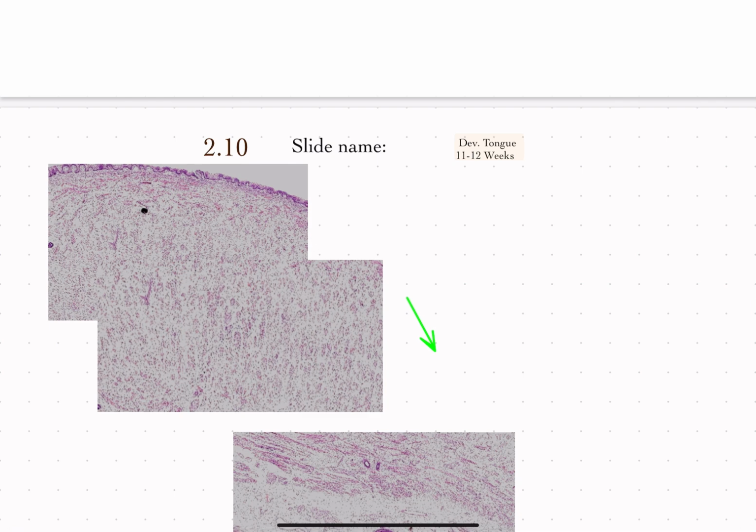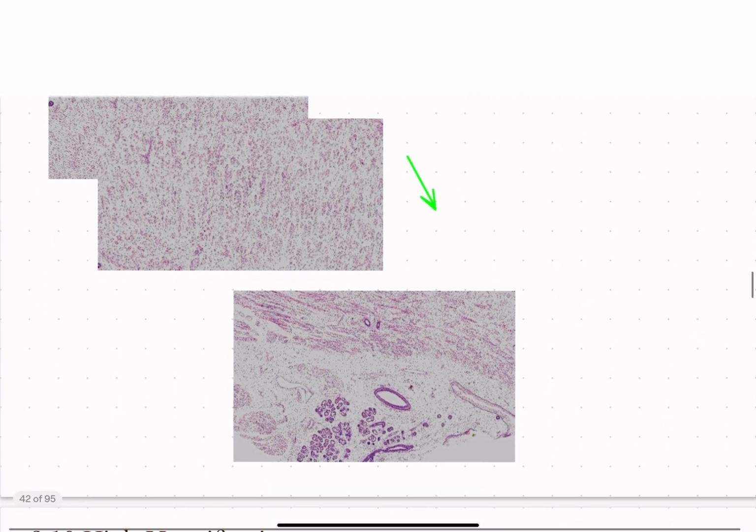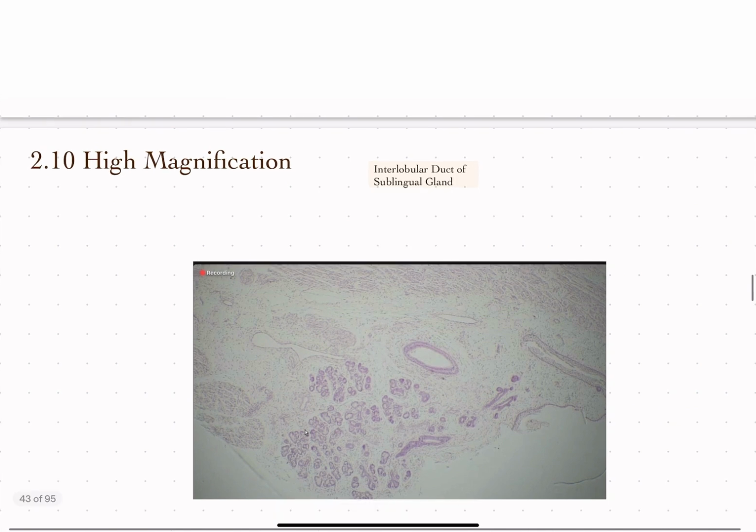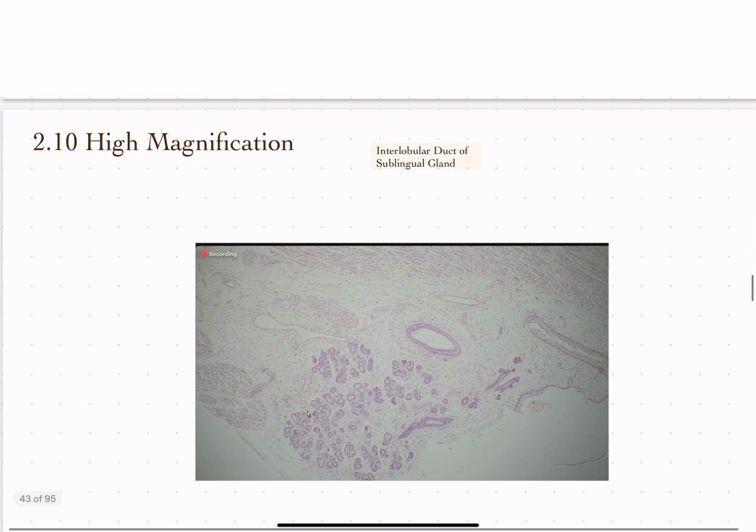It was still the developing tongue 11 to 12 weeks. We're just looking at a different section of it because it was the interlobular duct of sublingual gland for the structure. There are like 10 other names for this structure, so, you know, if you know, you know.